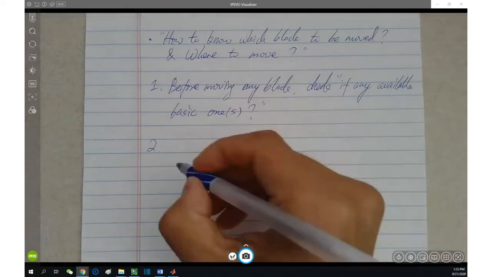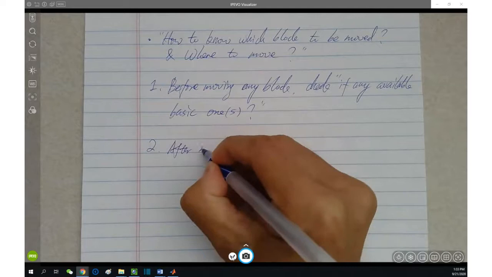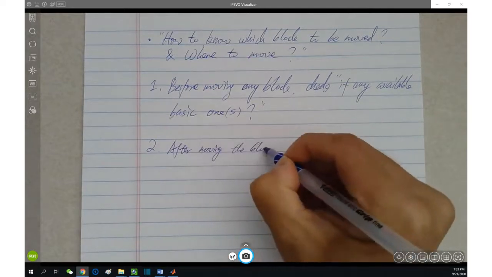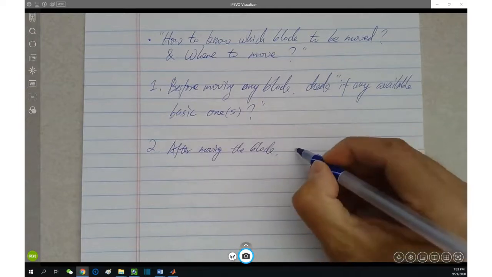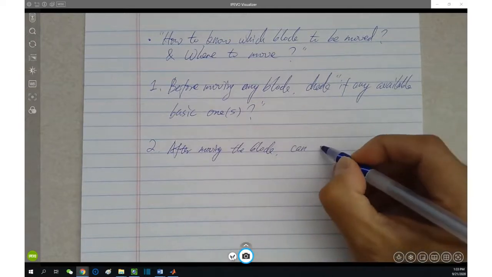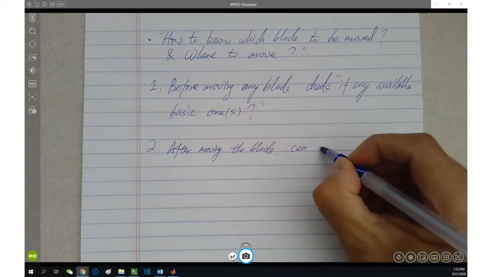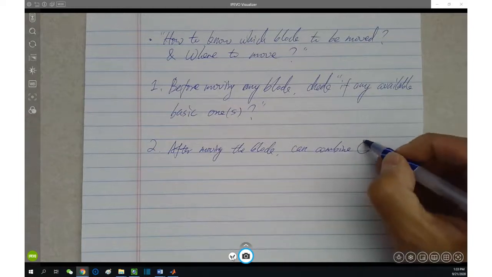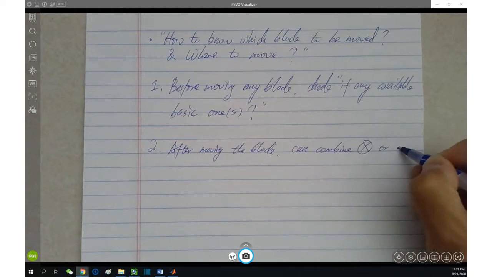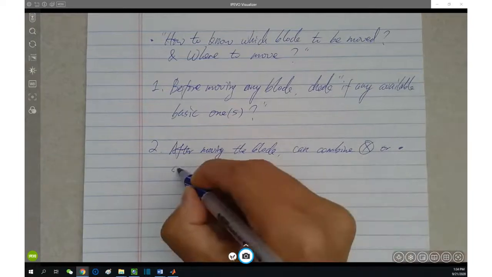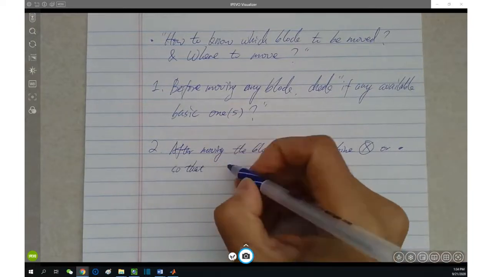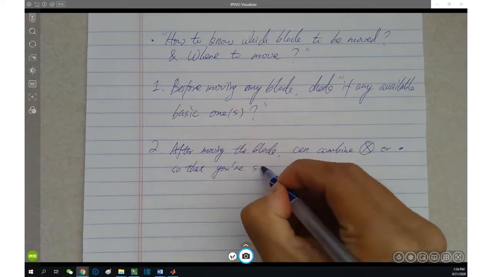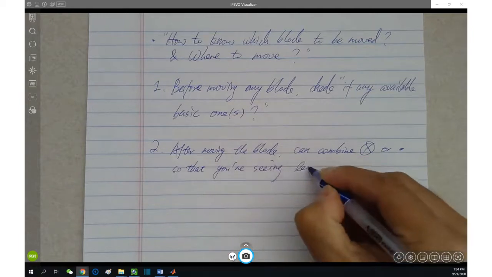You need to keep thinking this way: after moving the block, you must be able to combine some junction or pick-off point, so that you are seeing fewer of them.